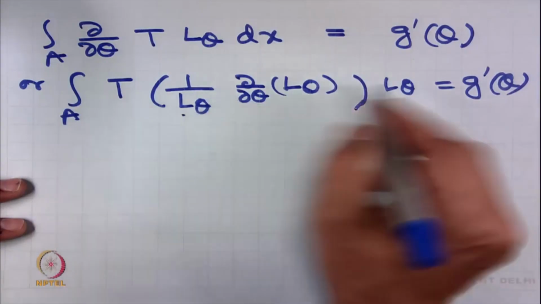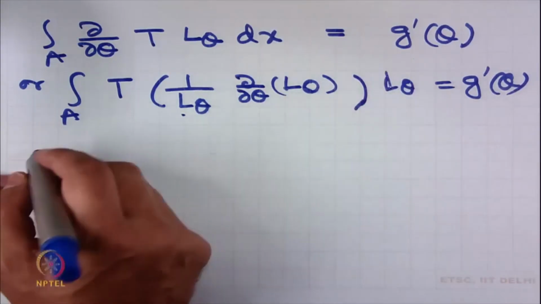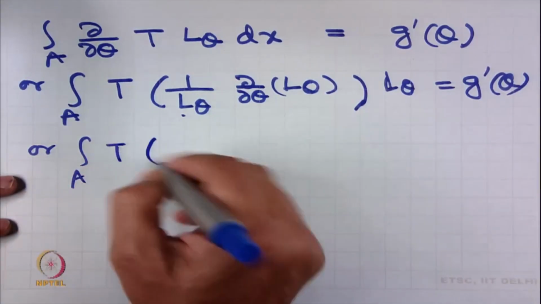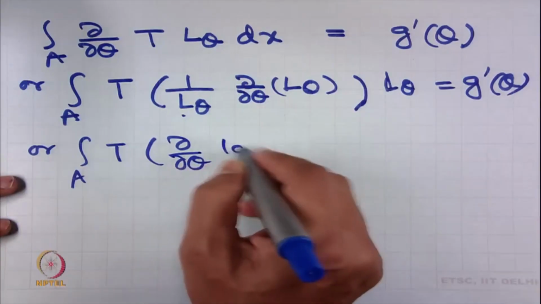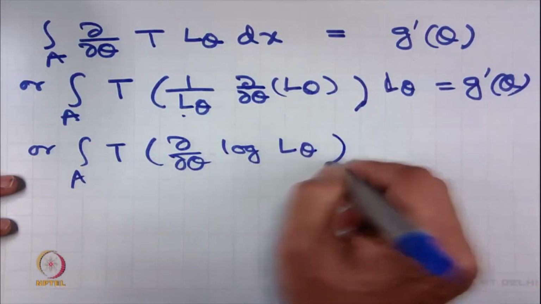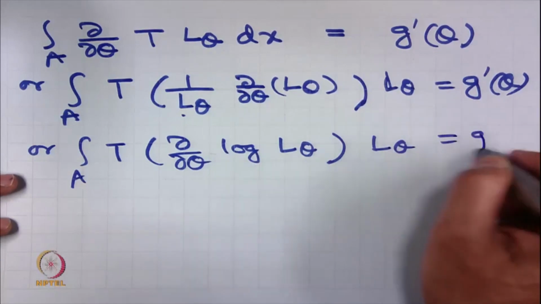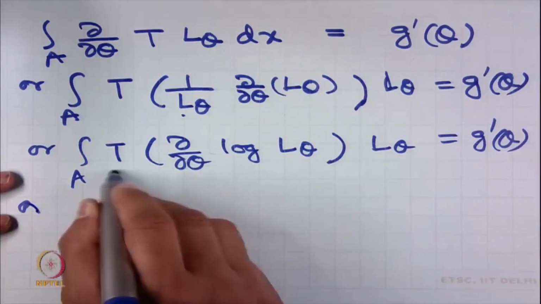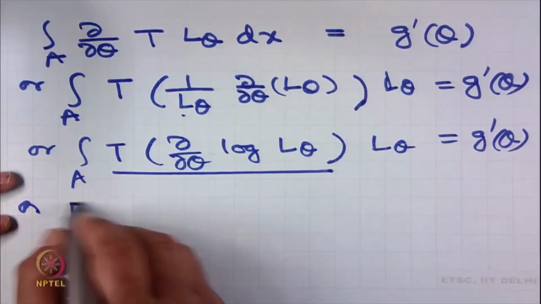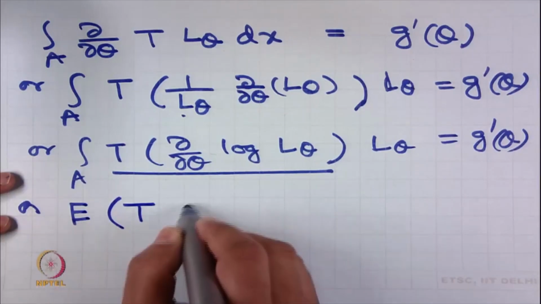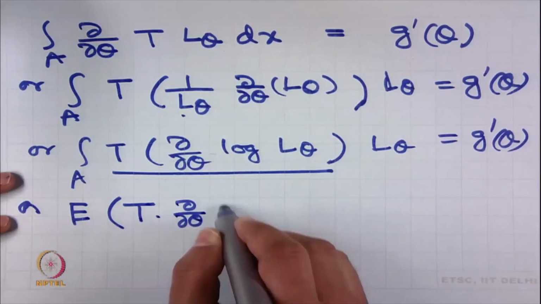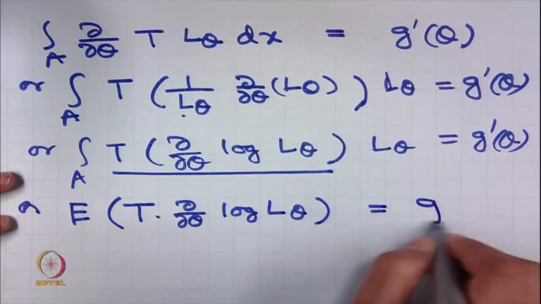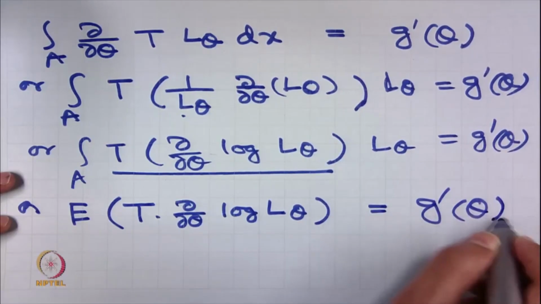So, I have multiplied and divided by L theta, or integration over A del theta of log of L theta into L theta is equal to g prime theta, or this is expected value of T del theta log of L theta, this is equal to g prime theta.